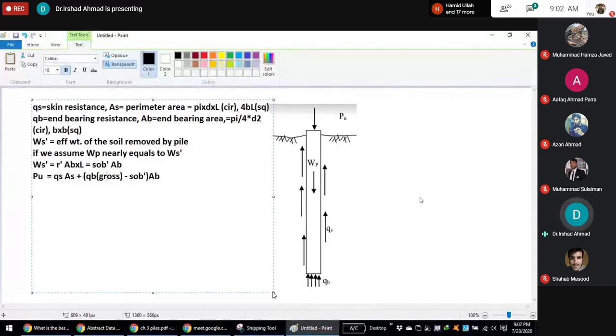Now QB gross minus sigma naught B is the net QB.